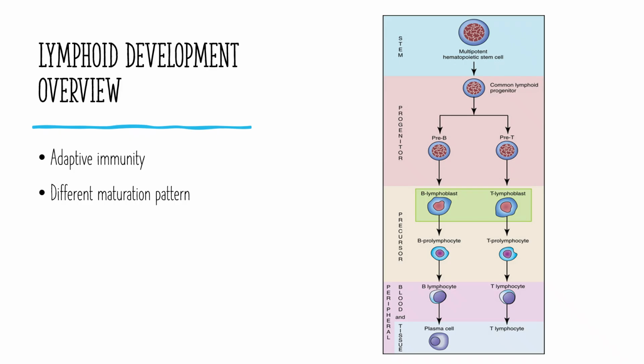Morphologically, lymphoid maturation is less visually dramatic than granulocytic maturation. Nuclear segmentation does not occur, and cells remain relatively small with dense chromatin as they mature. Because of this subtlety, lymphoid evaluation relies more heavily on nuclear texture, cytoplasmic characteristics, and clinical context.